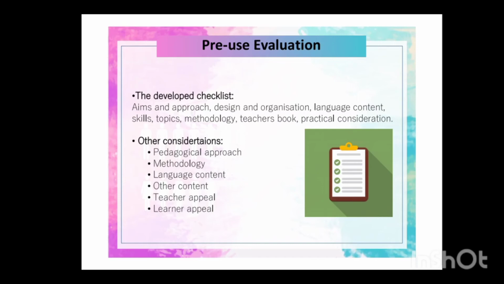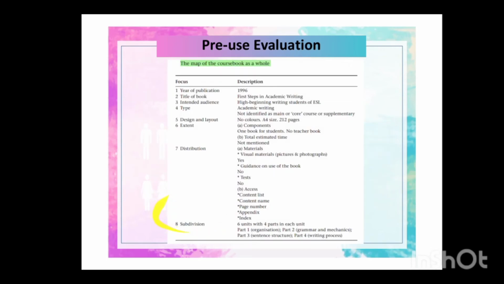It will not be suitable for them, right? However, when we are teaching young learners and we choose a textbook which has very interesting topics, like short stories and imaginary things, this will be more suitable for young learners. So we have to see this factor, the learner appeal, also.